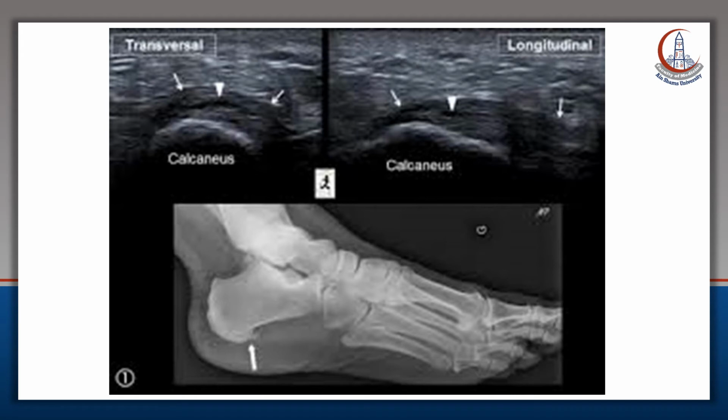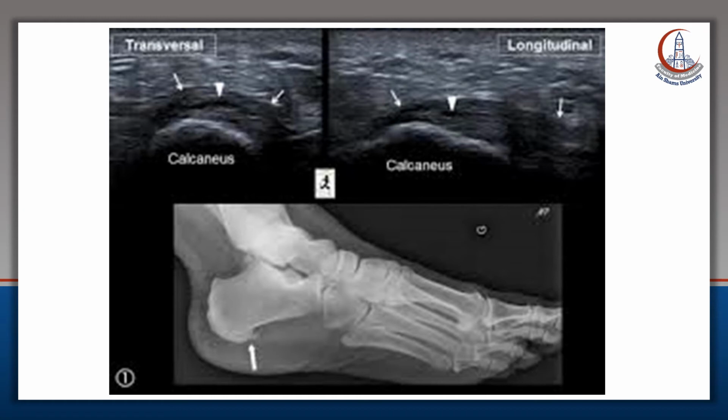This is the non-specific plantar fasciitis in transverse and in longitudinal ultrasound image. It appears thick, hypoechoic with a localized hypoechoic defect, which means presence of partial tear. And this is an X-ray image of the characteristic associated calcaneal spur.